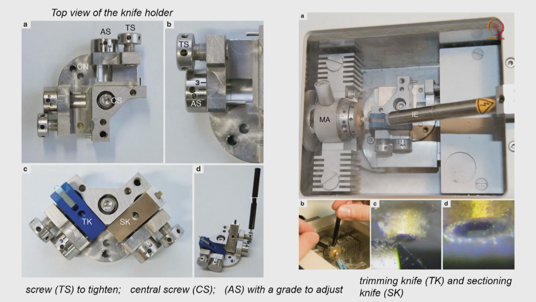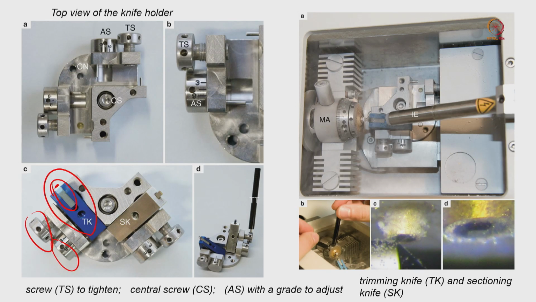Now, if you come to the next slide, you can see lots of details. This is the knife, you can see this is the glass knife, this is the knife tip, and here there are lots of screws which are going to adjust the knife position tightly, which will help you to do the sectioning.